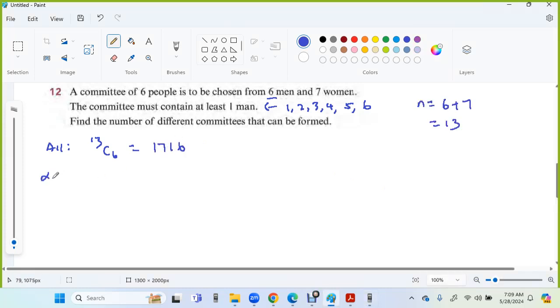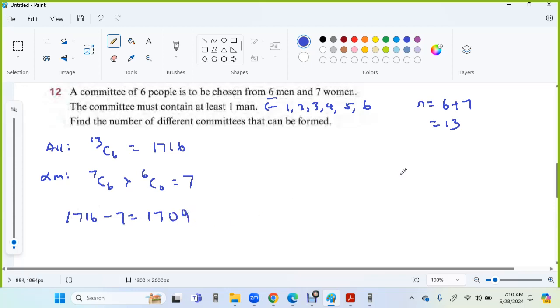And then we have no man here. No man here is out of the 7 women, we choose 6 and then the 6 choose 0. So this is 7C6. 7C6 is actually 7. Okay. So the answer will be 1716 minus 7, then 1709.